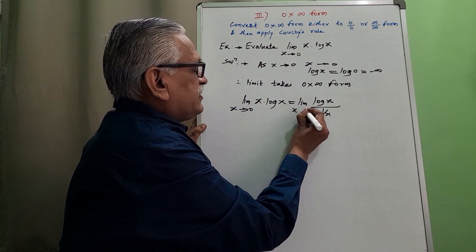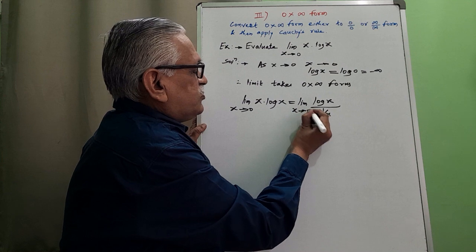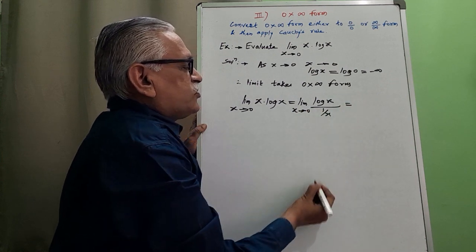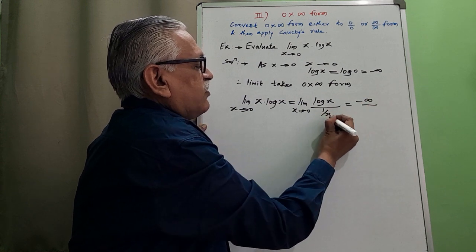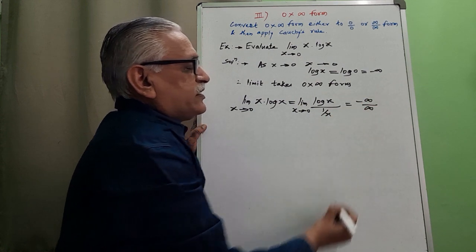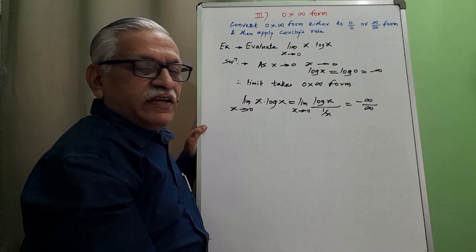Only form I am changing, and limit as x tends to 0, and therefore as x tends to 0, log 0 is minus infinity, 1 by 0 is infinity, therefore form is infinity by infinity.